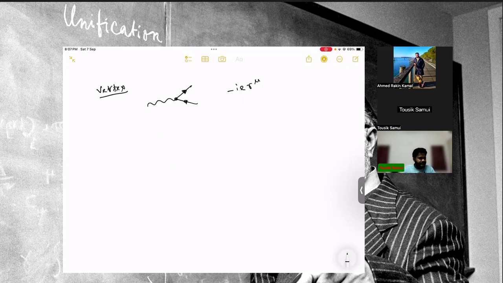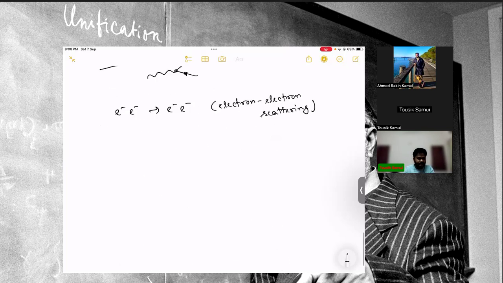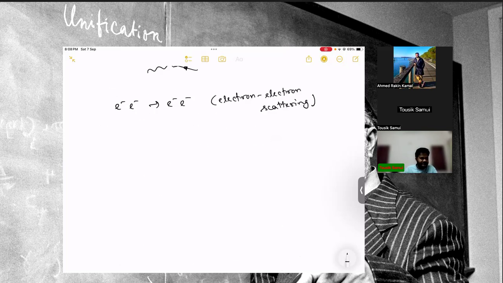And if we have some time, let me do an example calculation from QED for electron-electron scattering. Now, adhering to these rules, we have basically two diagrams for this.